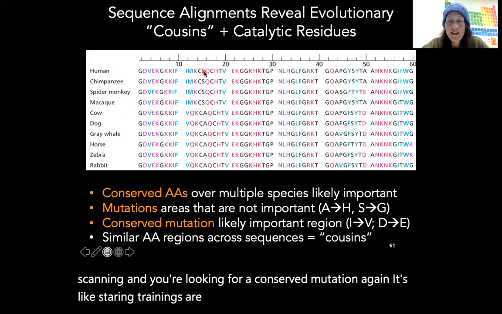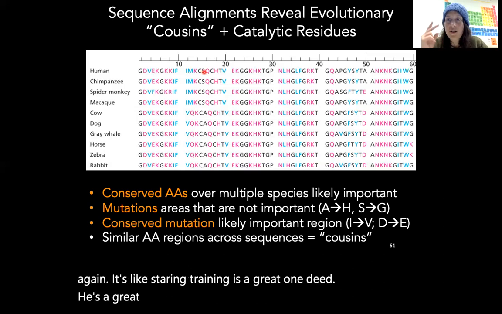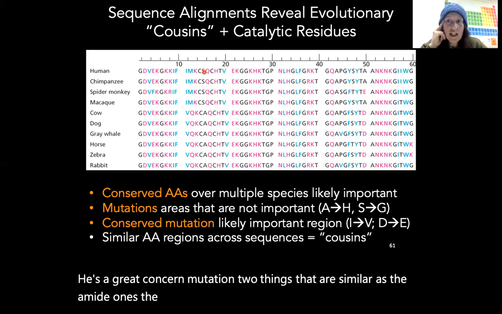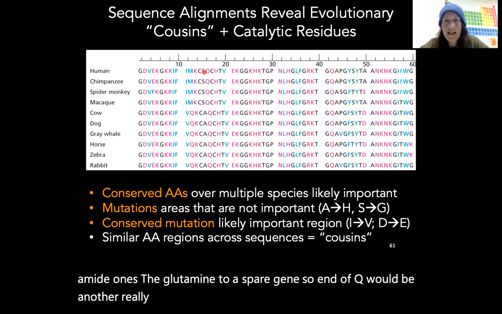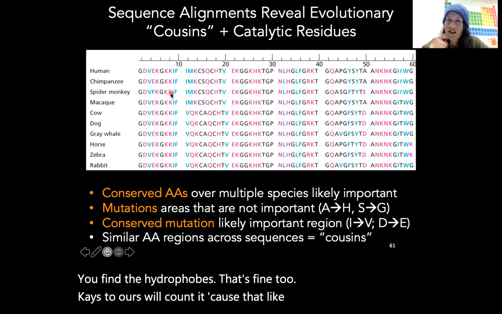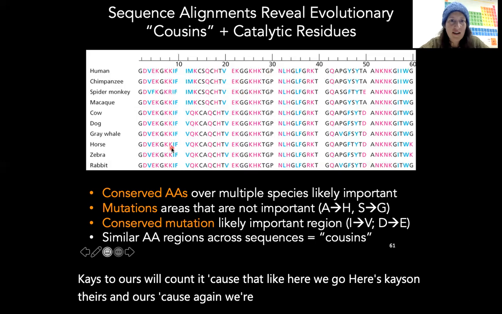D to E is a great conserved mutation. Two things that are similar are the amide ones, glutamine to asparagine. So N to Q would be another really great conserved mutation. If you find the hydrophobes, that's fine too. Ks to Rs, we'll count it because here's Ks and there's an Rs, and again, we're holding that positive charge there.